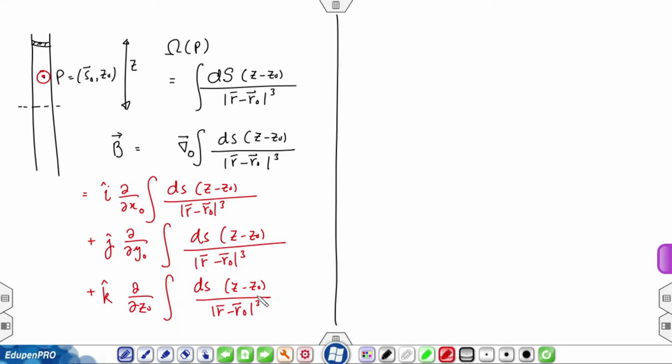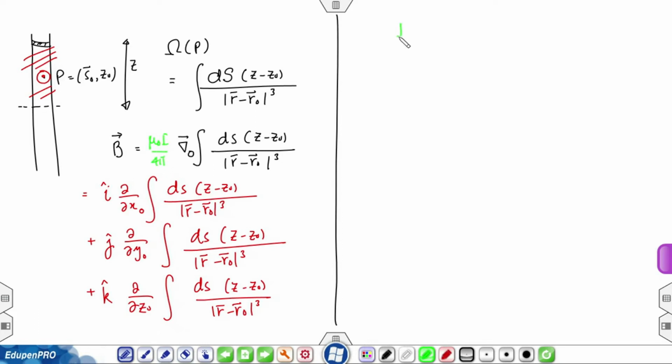This is for the upper portion. So, this is for all the loops in the upper portion, any loop in the upper portion, and total B, I should have written mu0 I over 4 pi.